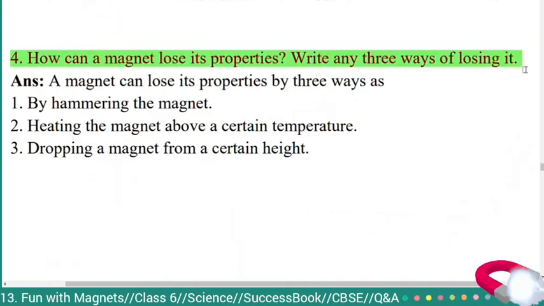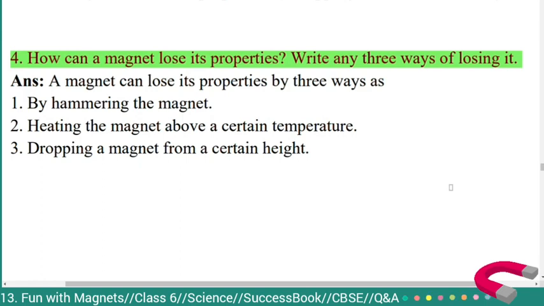Fourth question, how can a magnet lose its properties? Write any 3 ways of losing it. Answer, a magnet can lose its properties by 3 ways. First one, by hammering the magnet.